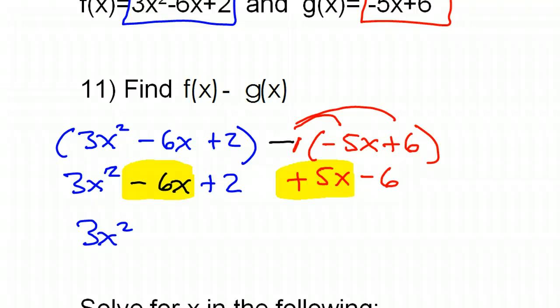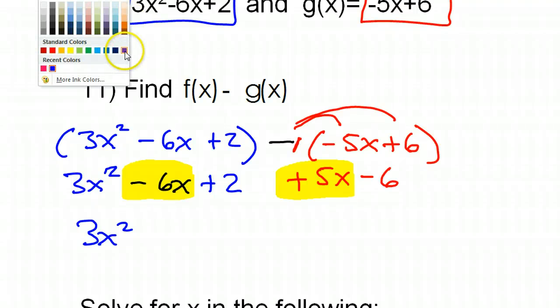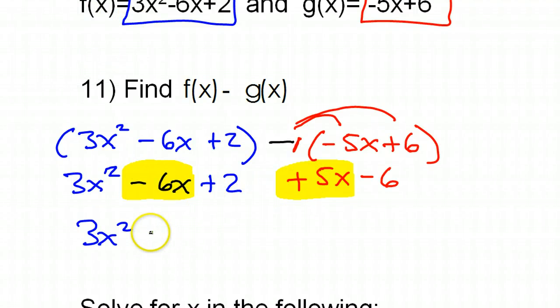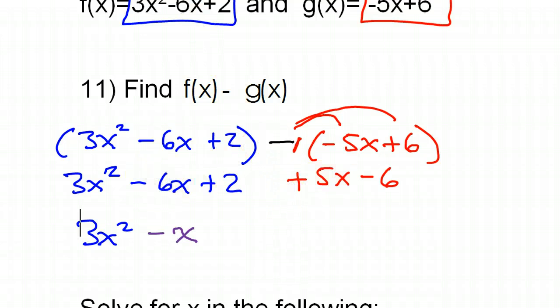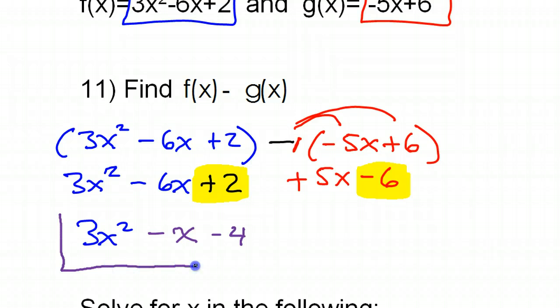If we put those together, that's going to make negative 1x, or just negative x. Next we'll look at the constant term, and we have positive 2 and negative 6. Let's put those together, and that will make negative 4. So this would be the difference.